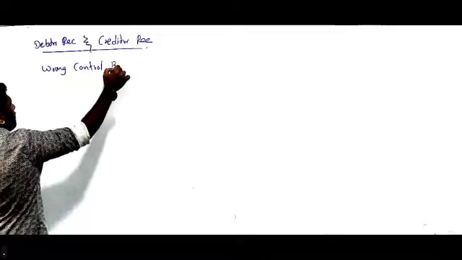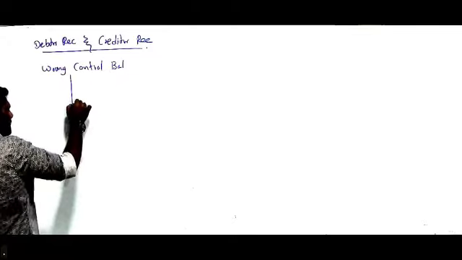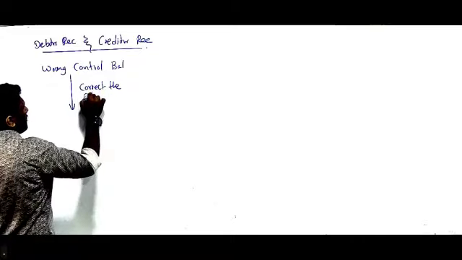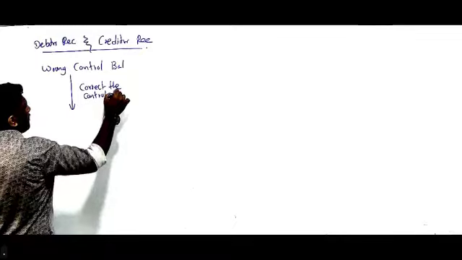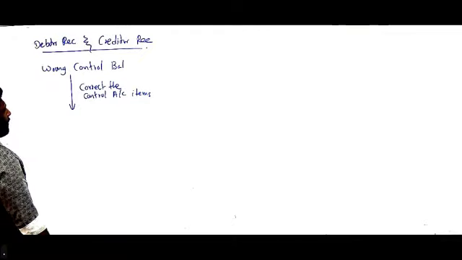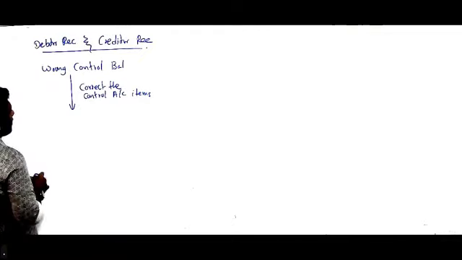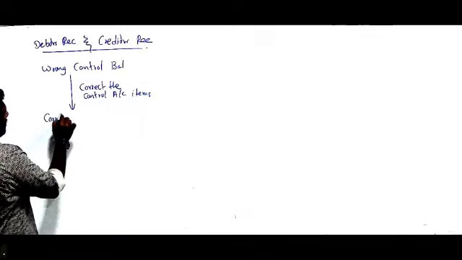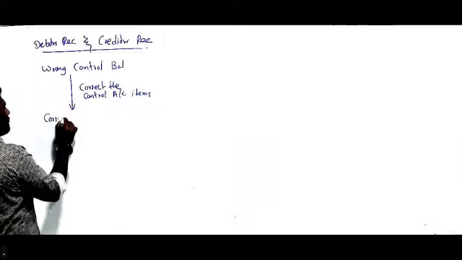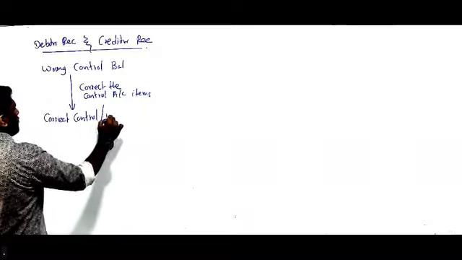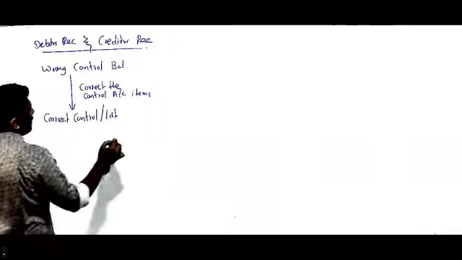And as step number 1, I ask you to correct the control account items. Once you are done with this step, you will arrive at the correct control or list balance.